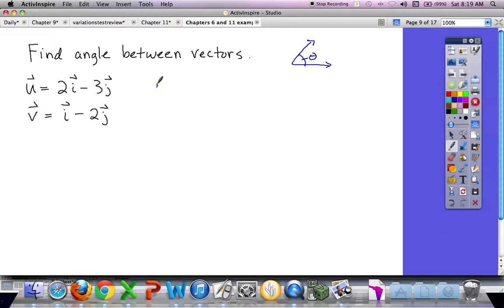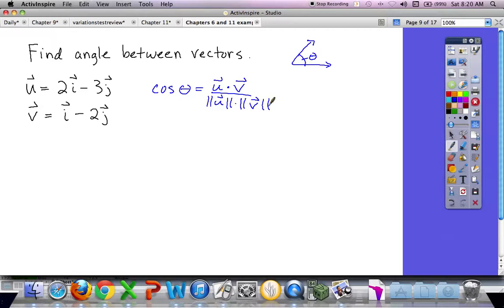The cosine of that angle is the dot product divided by the magnitude of u times the magnitude of v. Okay, and we know how to do all those parts there.